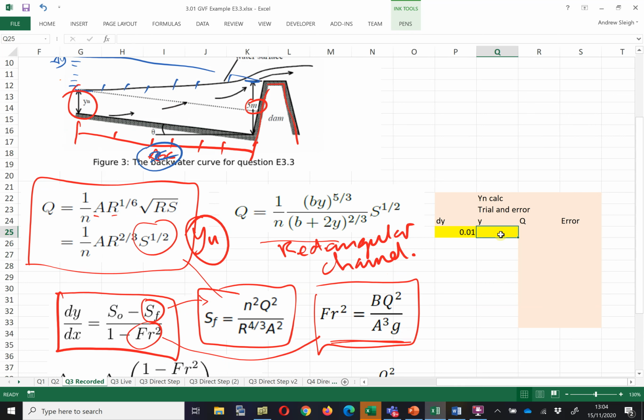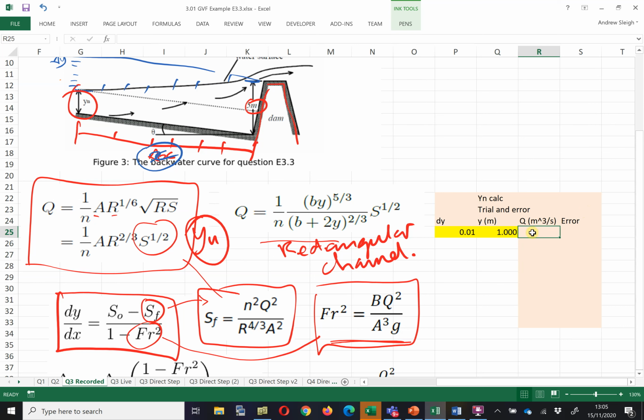Right, I'm trying to guess y, because we've got to solve the Manning's equation here. So I'm going to guess a value of y. Probably should put that in meters, units, meters cubed per second. Okay, so put in the Manning's equation. So we've got the Manning's equation here. I'll use this rectangular one here.